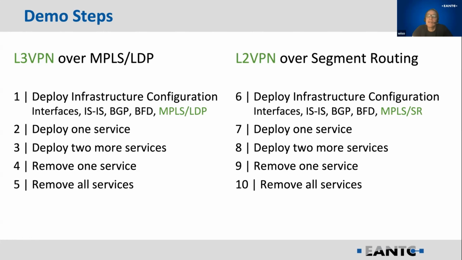And then in the second step, we created Layer 2 VPN services over segment routing. So for that, we enabled on top of the existing infrastructure segment routing related configuration. And then we created multiple services one after another, and we removed them as well. And finally, we have seen that the configuration of the devices ended up to be the same as we actually started with.